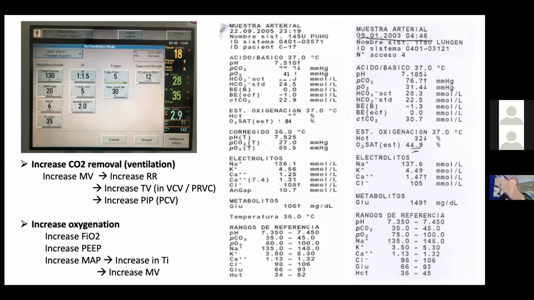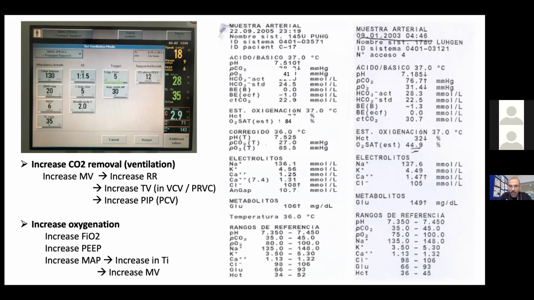The one on the right-hand side, you have a patient with a respiratory acidosis. As you can see, the pH is 7.18. The CO2 is 76 millimeters of mercury, which is close to 9 kilopascals in UK units. So he has a clear respiratory acidosis.